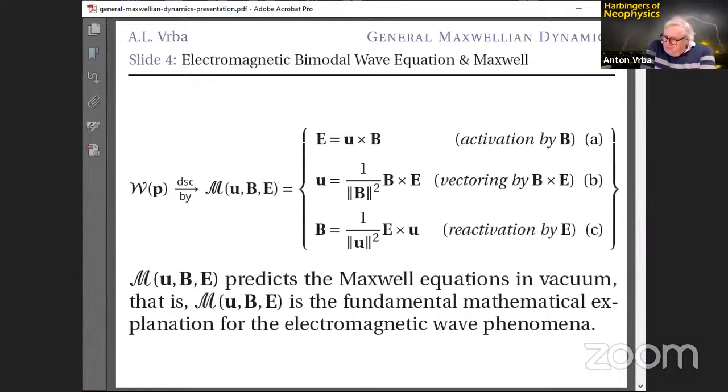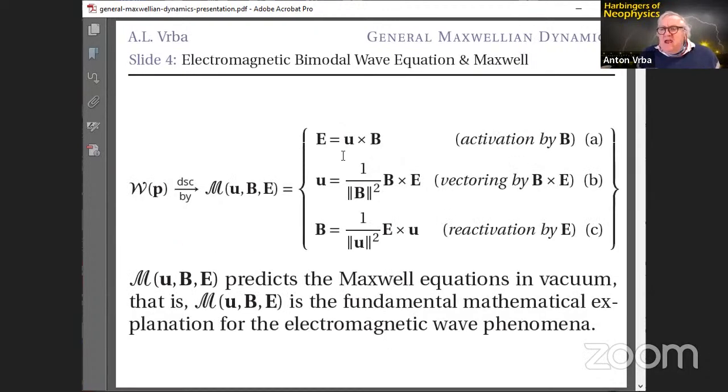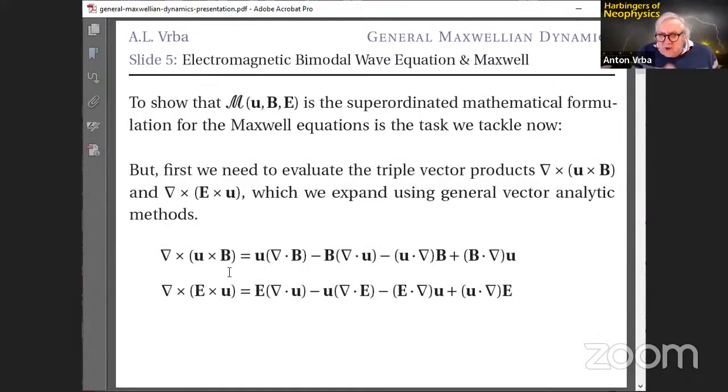These equations are the Maxwell equations in vector algebraic form. They are the Maxwell equations if we take, which is very easy to do, the curl operation. So if we look at what is curl E equals curl u cross b, which is here, it develops into four terms.